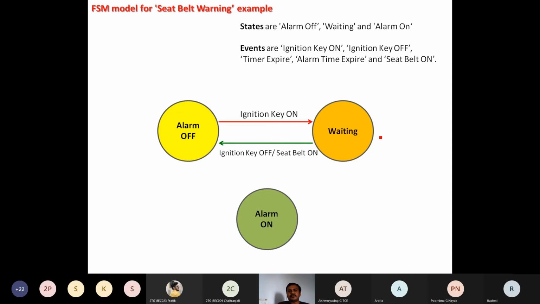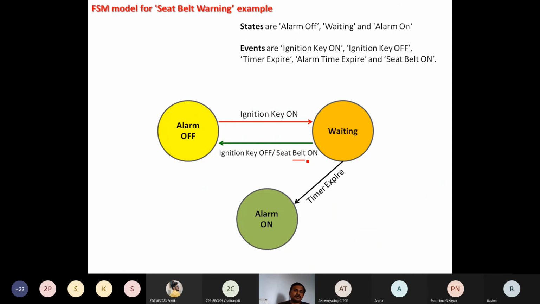If the ignition key is off, the alarm goes off; if the seat belt event is on, if the seat belt is fastened, the alarm goes off. So there are three situations when the alarm goes off: seat belt on, ignition off, or the alarm time expires.